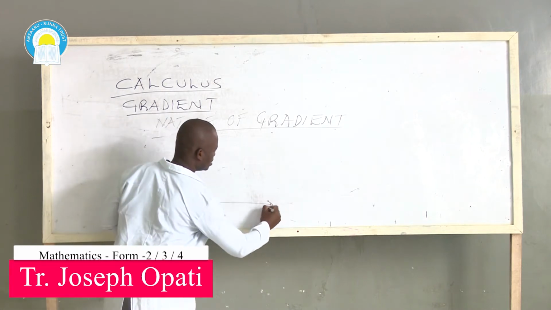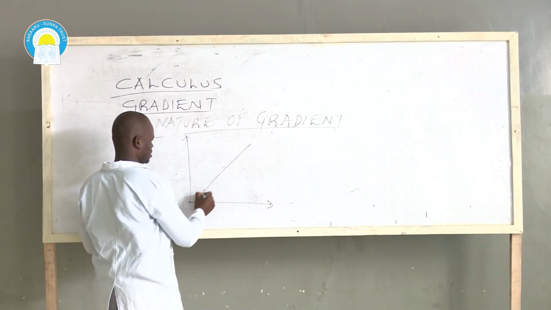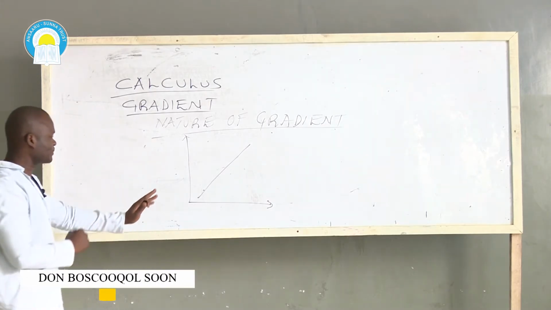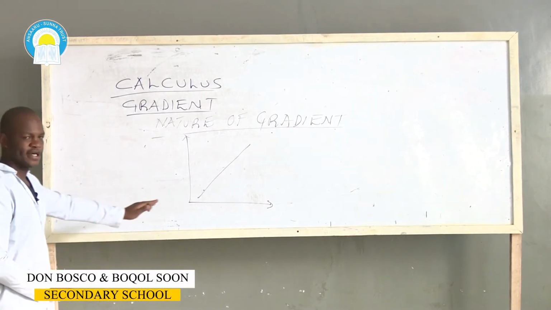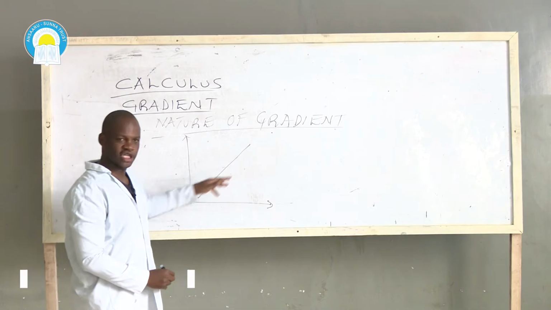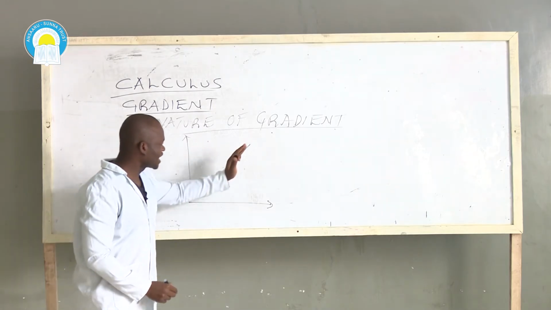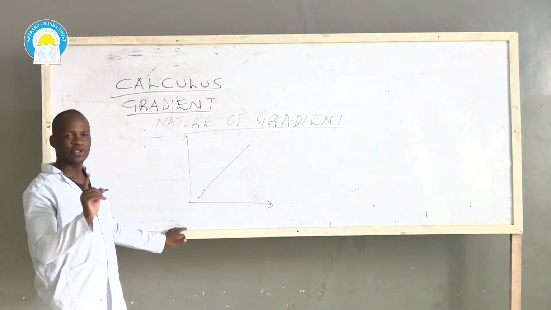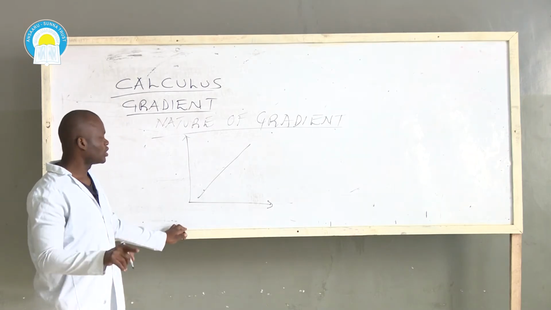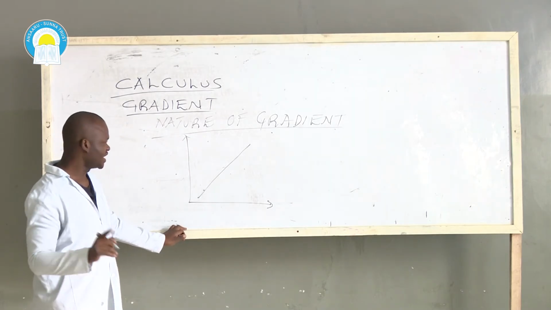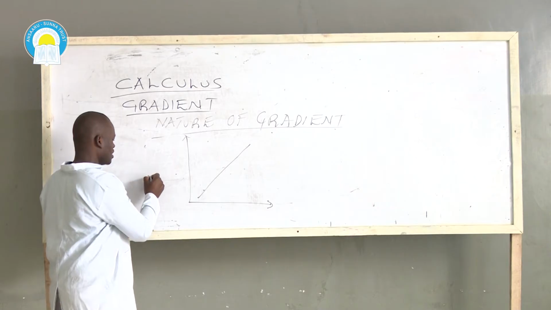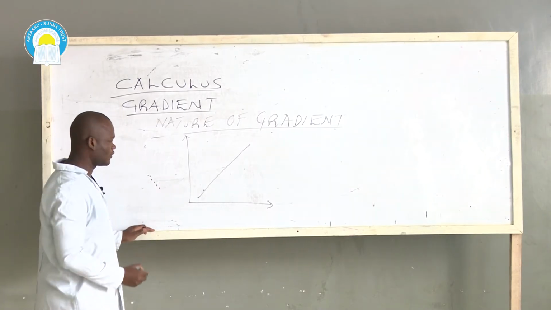We are saying we have a line sloping upwards from left to right. Any line with this inclination will always have a positive gradient, and it's something, of course, we want to prove.